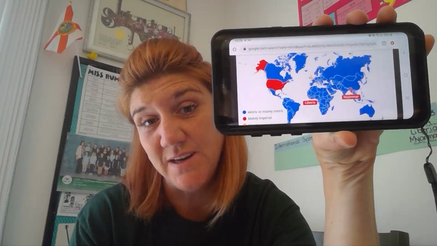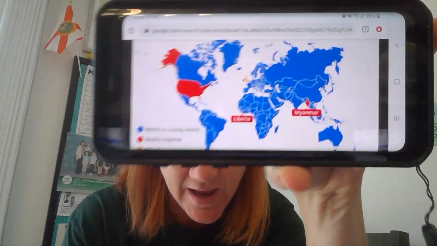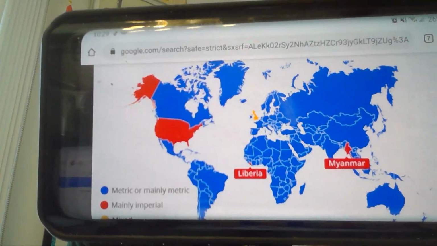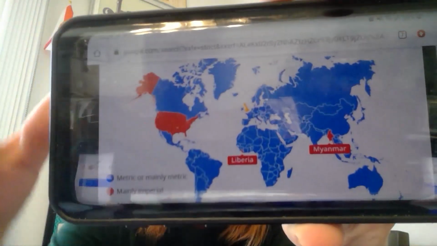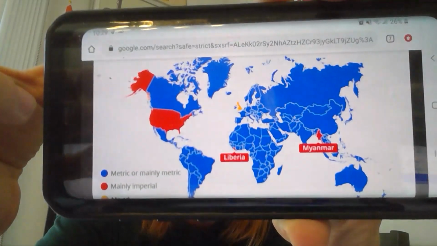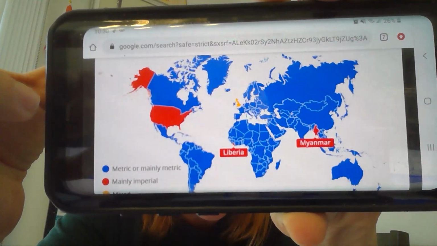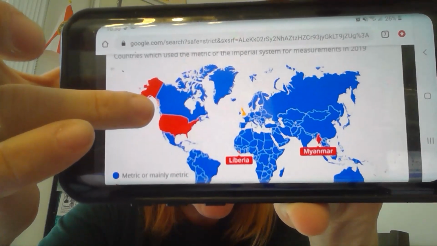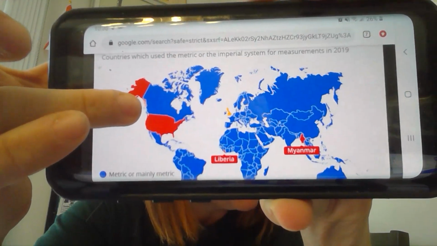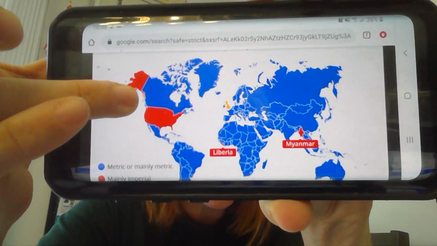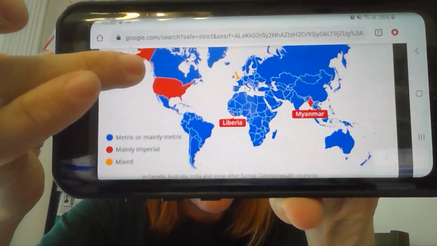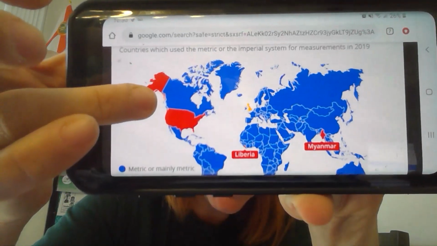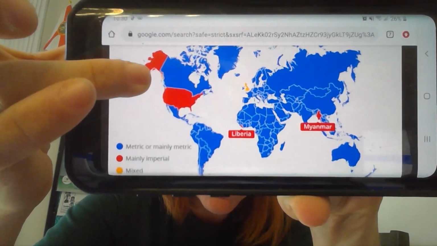To make that social studies connection, we would have looked at a map and we would have seen the 3 countries that use the inches and feet and yards like we do. Now, everything else in blue uses the metric system, which is the millimeters, centimeters, meters, and kilometers. And we, in the red, use inches, feet, yards, and miles.